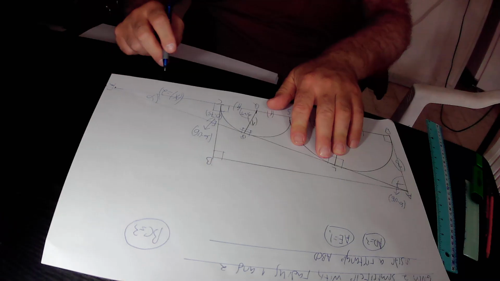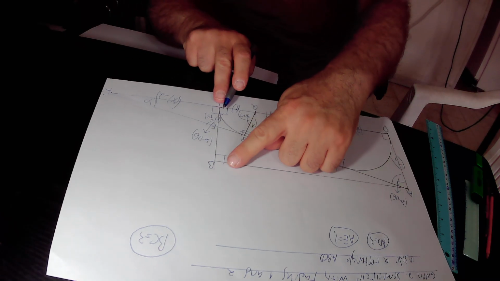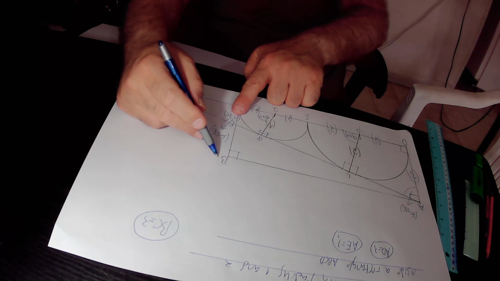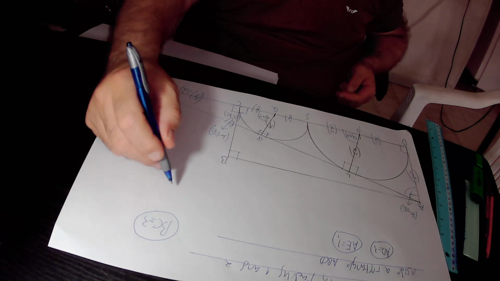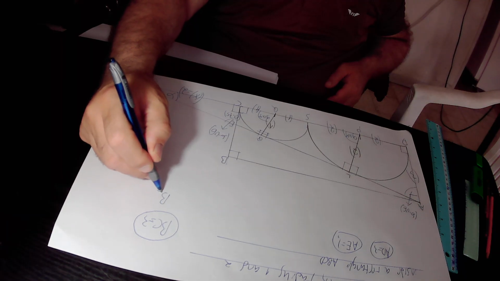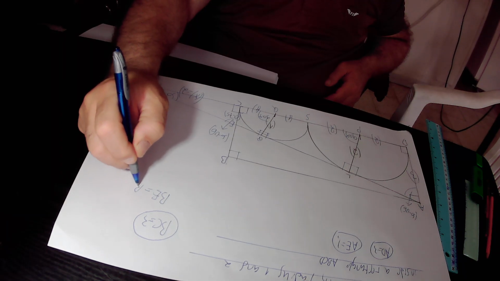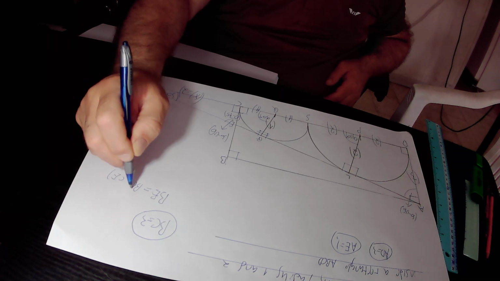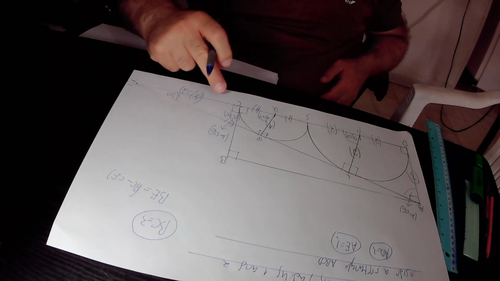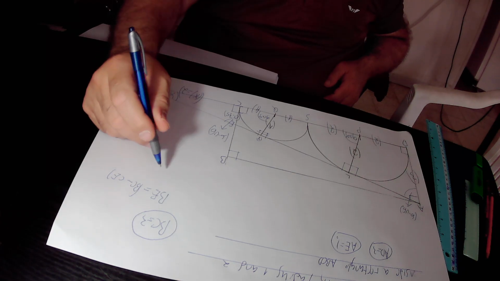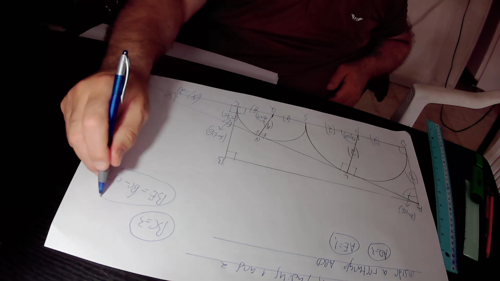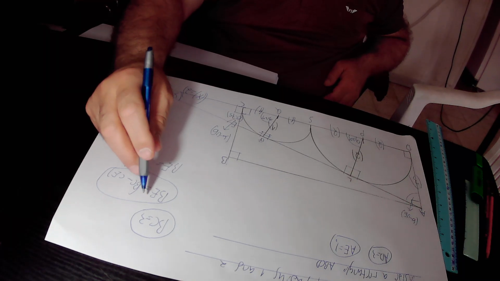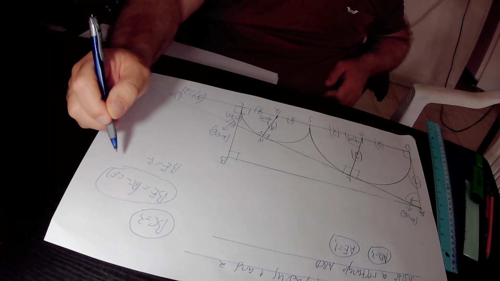So if we found out that BC equals 3, what is the length of the missing line segment BE? From the figure, it is very easy to see that BE in total equals BC minus CE. Again, BE equals BC minus CE. So BE equals BC, BC is 3, minus CE.